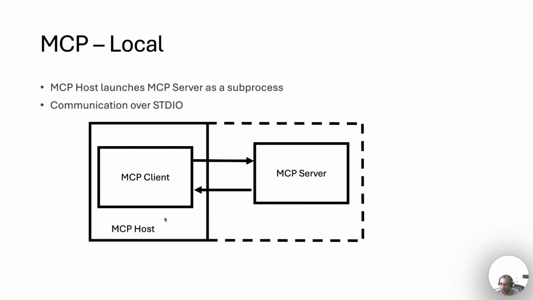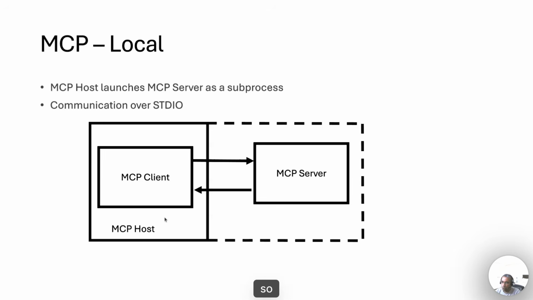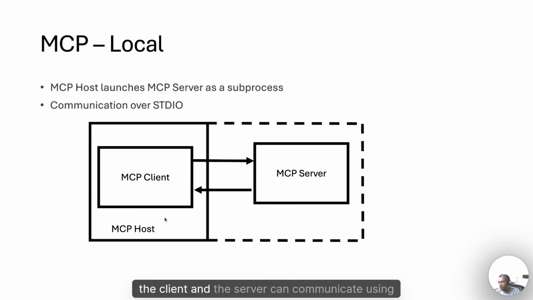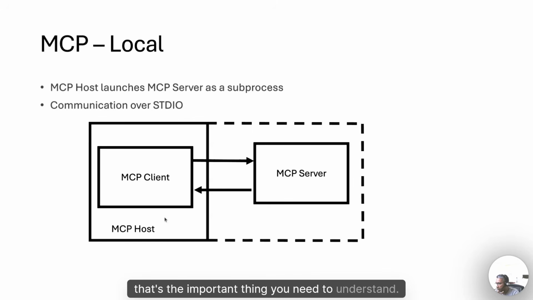So since the MCP server is running as a subprocess on the same machine as the host application, the client and the server can communicate using standard input output as the communication channel. That's the important thing you need to understand.